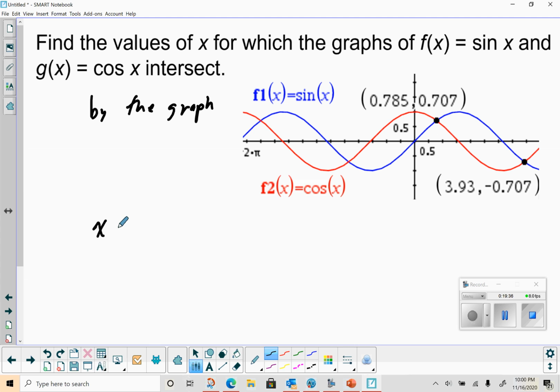So we can say here, X is approximately 0.785. Again, because of the repetition, plus 2k pi, or X is approximately 3.93 plus 2k pi.